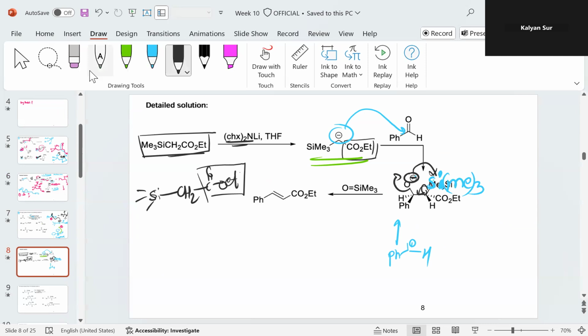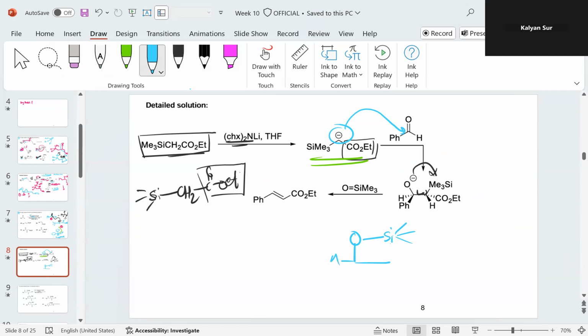So there will be a concerted reaction mechanism. I will draw one intermediate, one extra step here. So how does that intermediate step look? This will be the O, this will be Si, and this is the hydrogen.